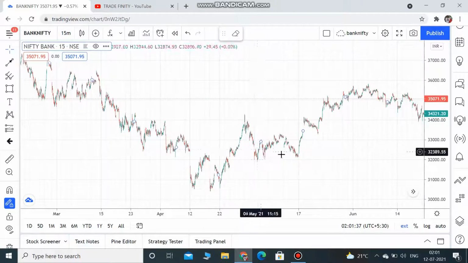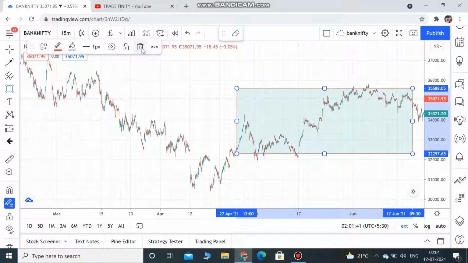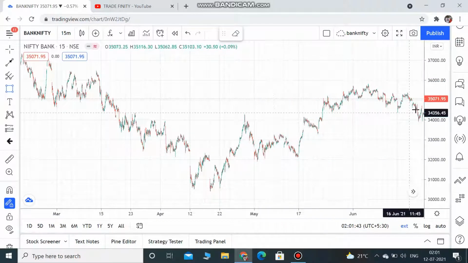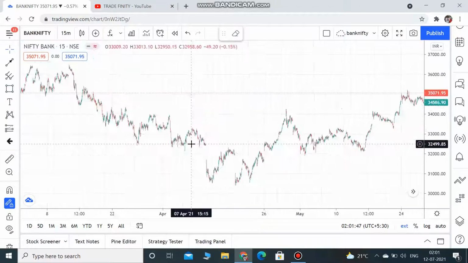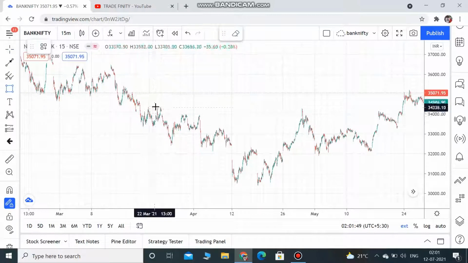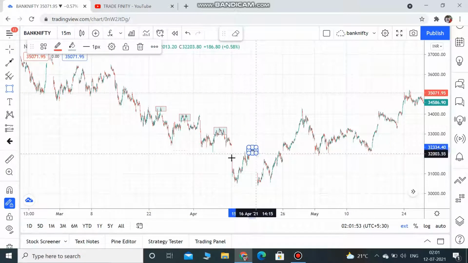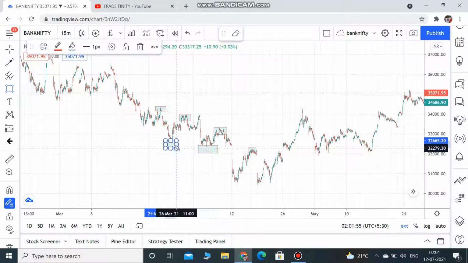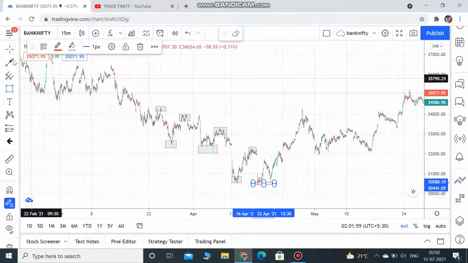So let's consider this trading as unknown. I don't know what's going to happen on this side. So what will I be doing previously? I will mark all the good resistance like this, and even supports, right?